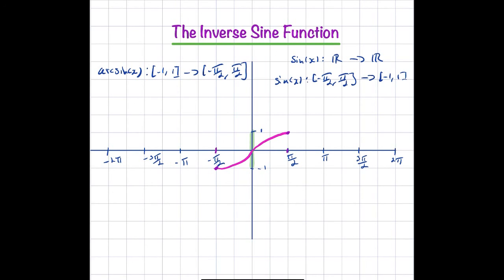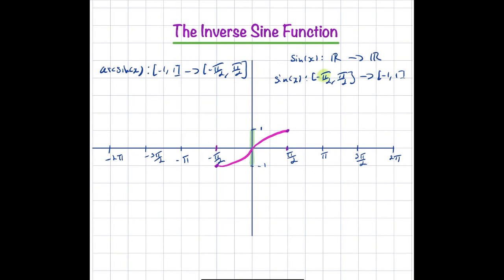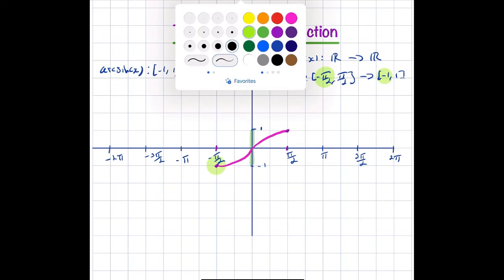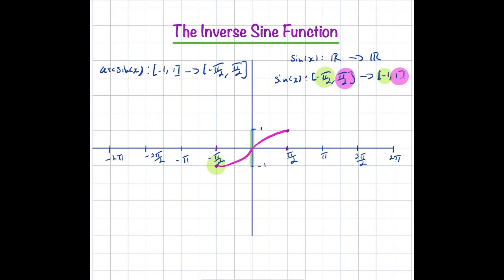And in particular, we know that sine of negative pi over 2 is negative 1, and sine of pi over 2 is 1. So this means that arc sine of negative 1 is going to be negative pi over 2, and arc sine of 1 is going to be pi over 2.